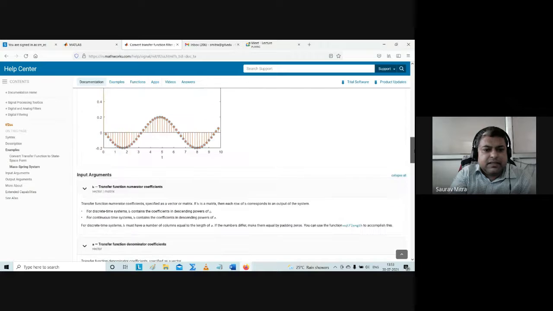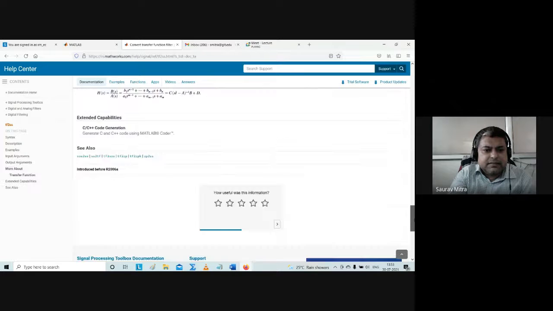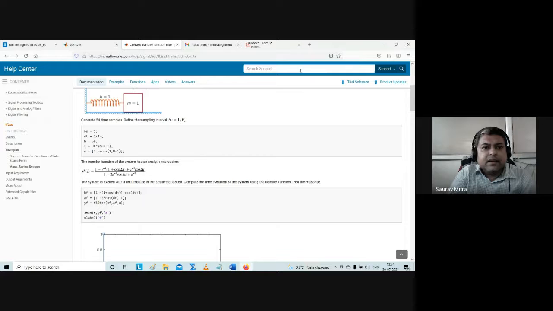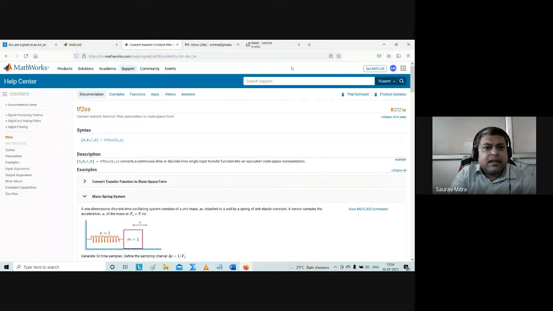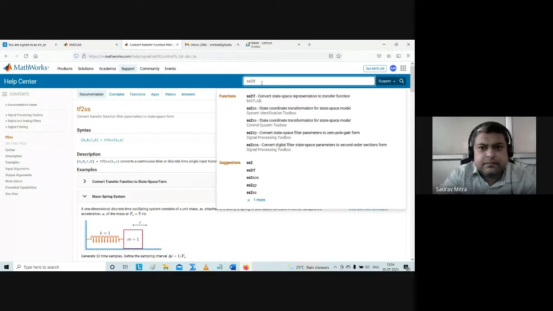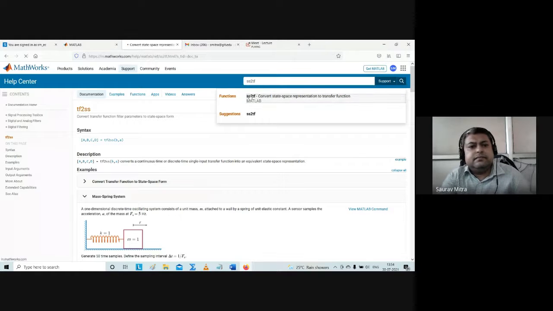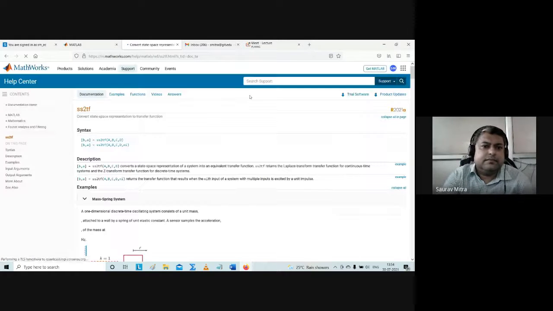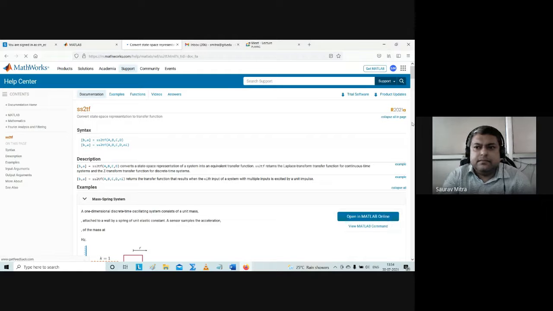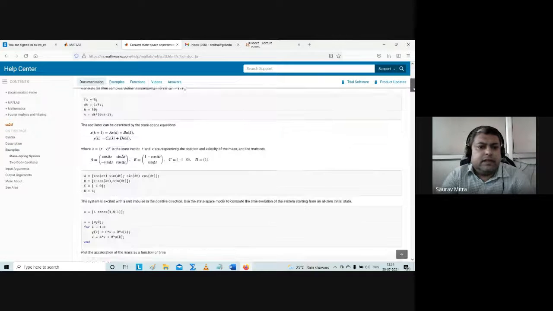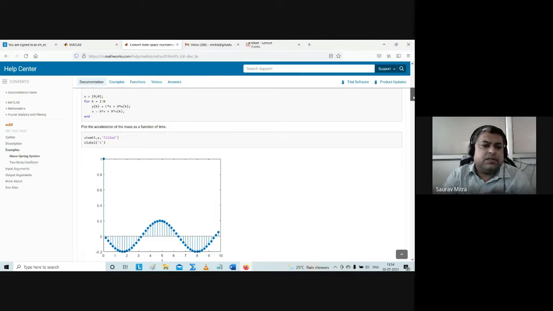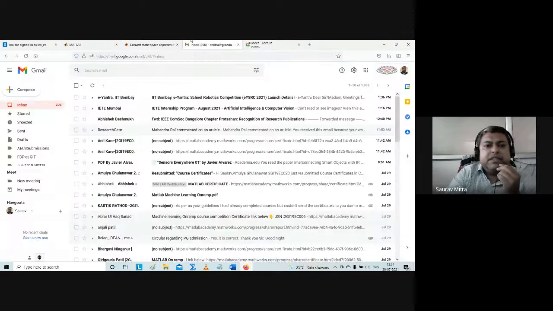If you just check tf2ss or ss2tf, these two commands only you have to do, and I will define this numerical and send it to you.